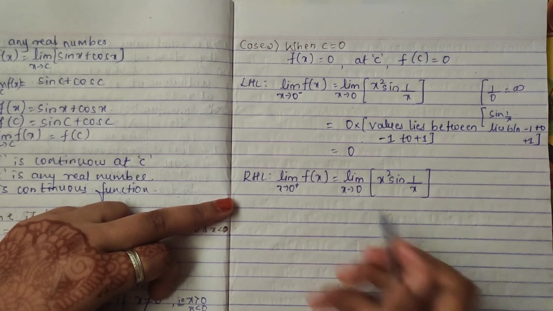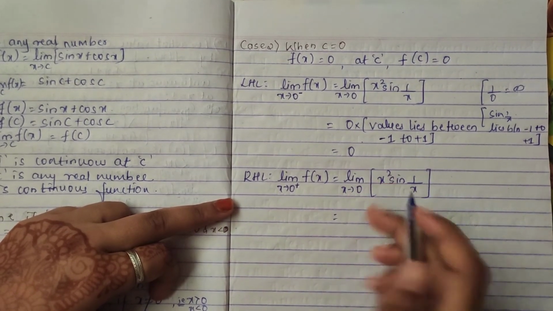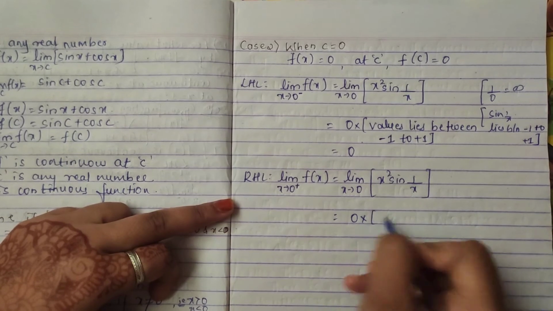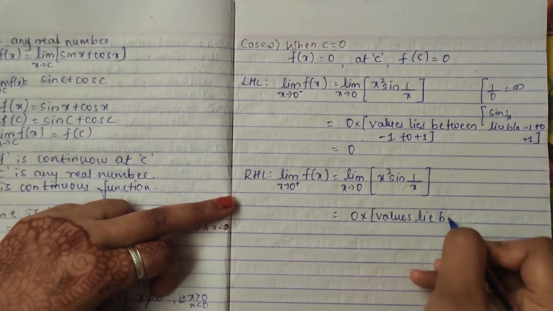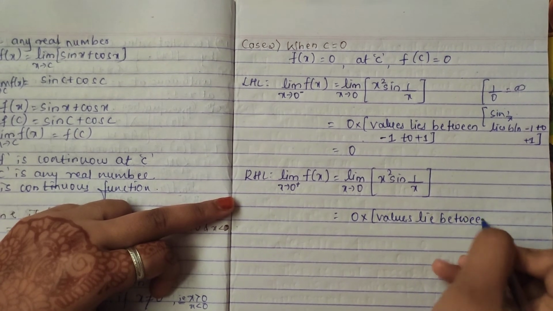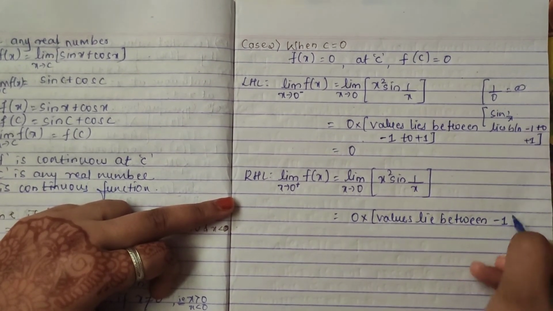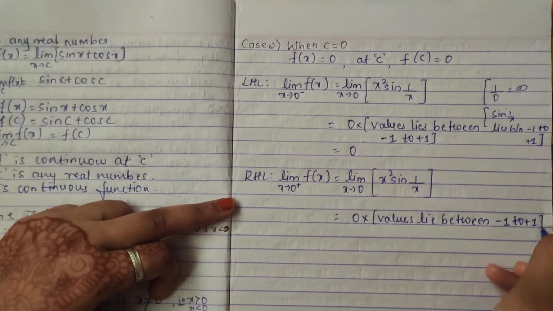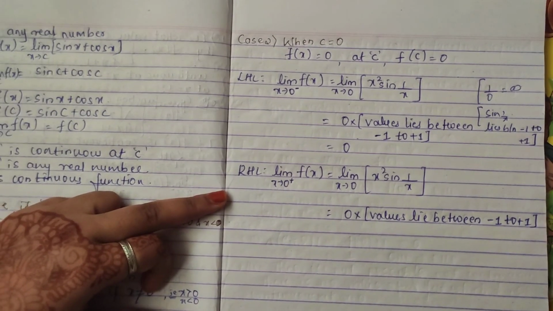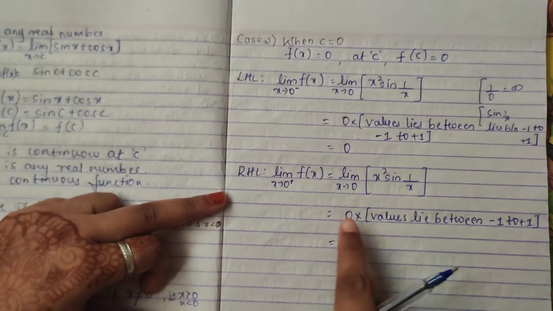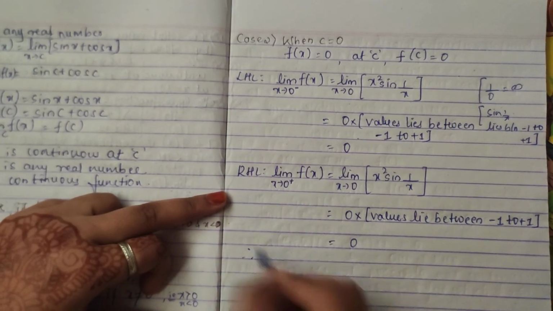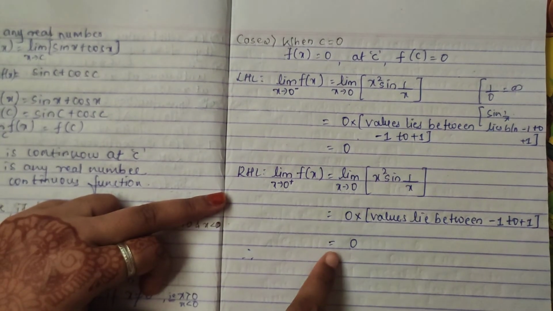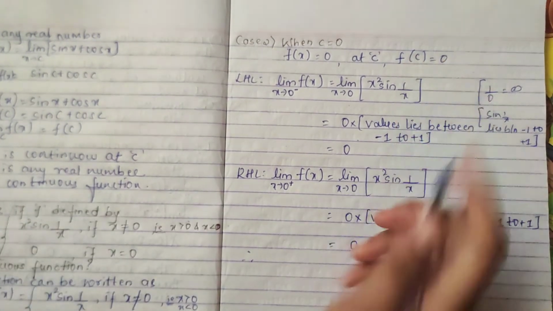In the same way, I will substitute the x value, it becomes 0, and as I have said, the values lie between -1 to +1. So 0 multiplying any value will be what? 0 itself. Therefore, you can see your LHL is 0, your RHL is 0, and at that point also you are getting 0.